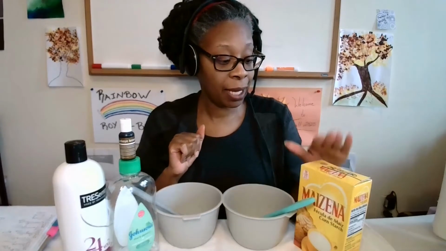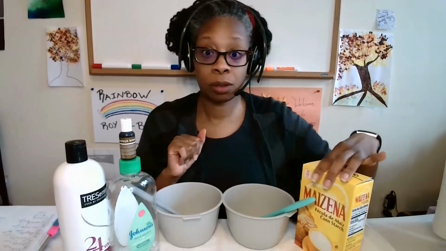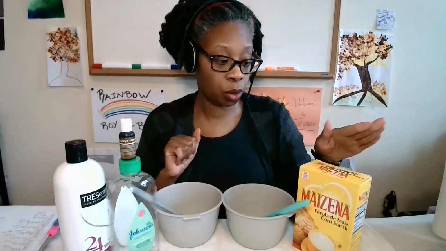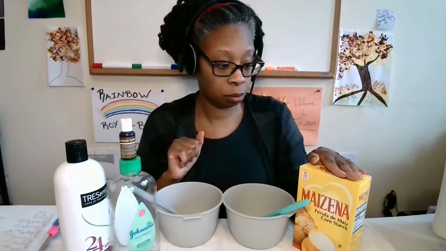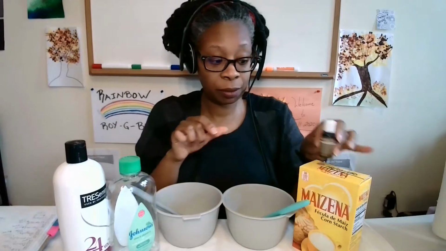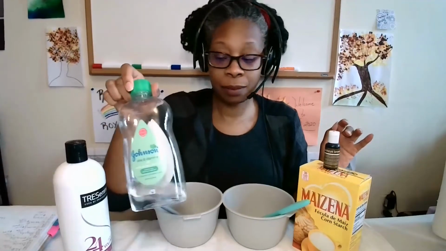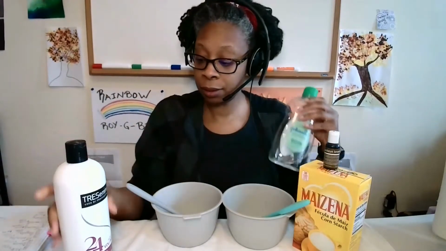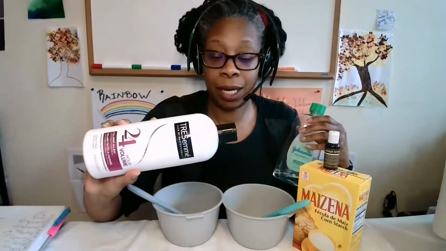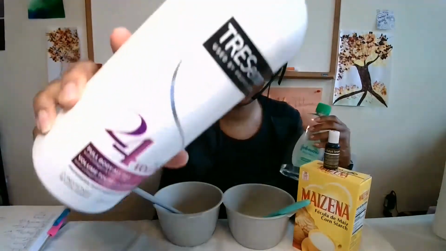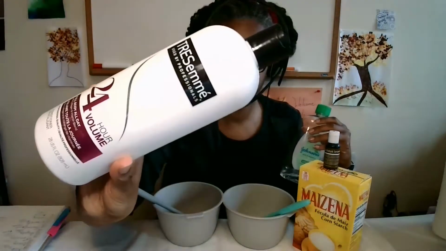I've got cornstarch, regular old cornstarch that you can get from the grocery store or the supermarket, or really, frankly, from the bodega. Then I've got some food coloring, brown food coloring. I have some baby oil, which you can get in a lot of different places. And I've got some hair conditioner. Yes, kid you not, this is hair conditioner. See?